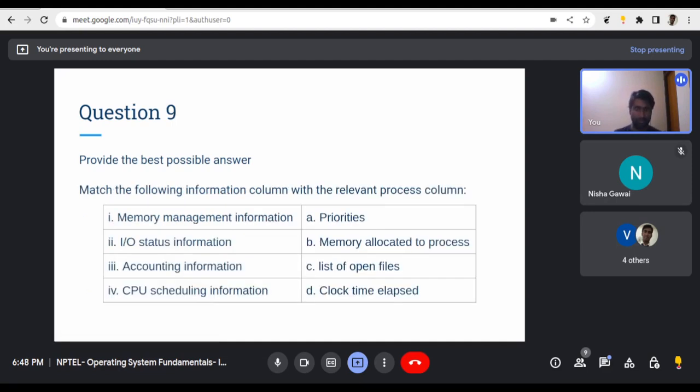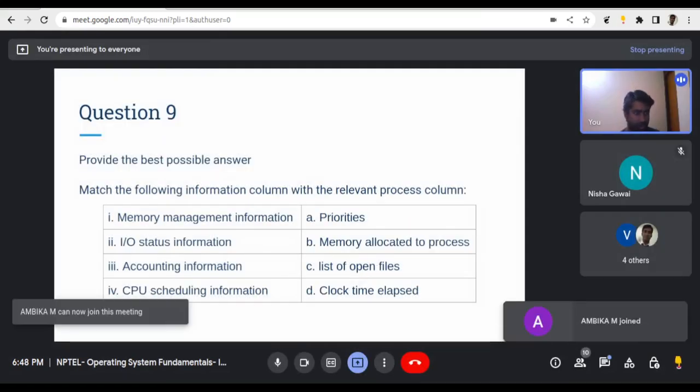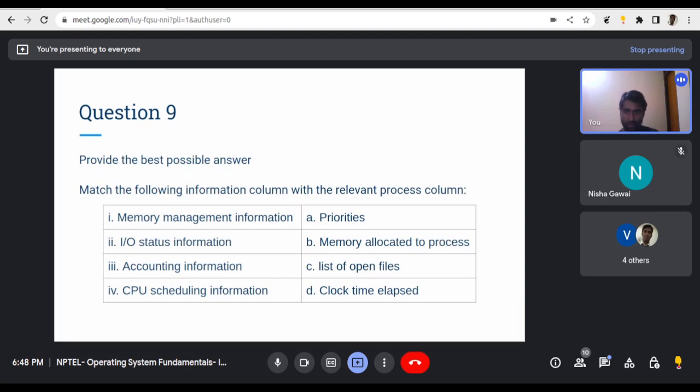So now we come to a match the following question. This question is in relation to the PCB, process control block. The left side is the information column, and the right side is the relevant process column. So the memory management information, can anyone say which matches with what?